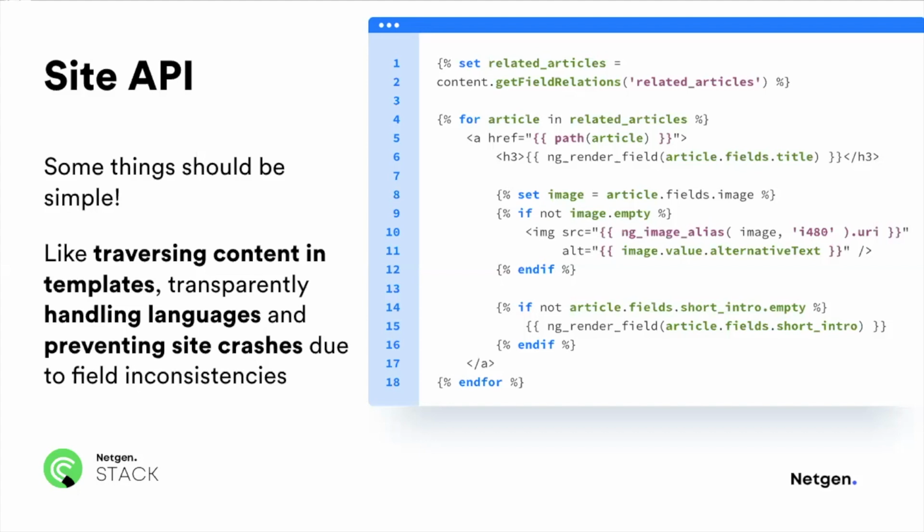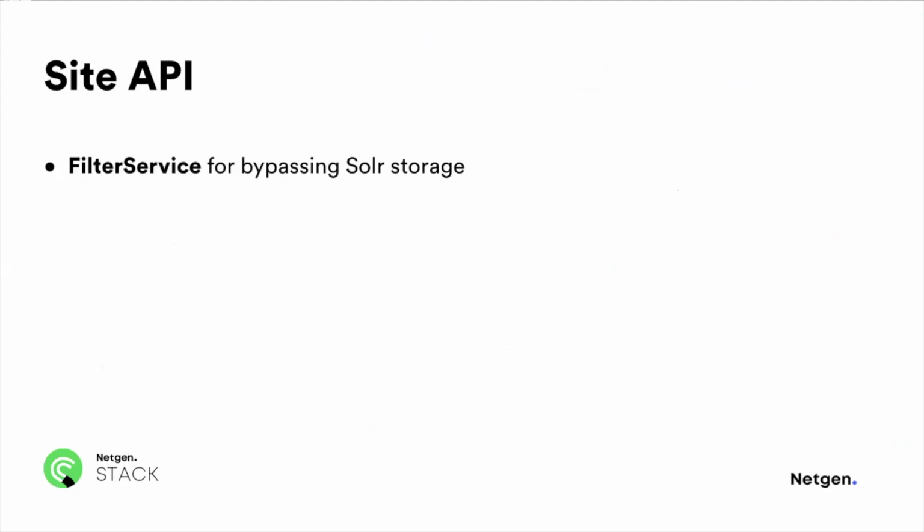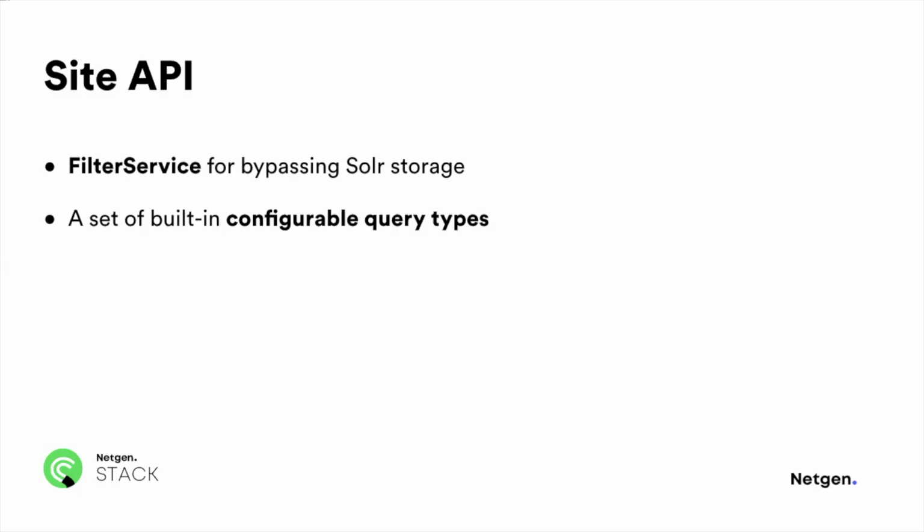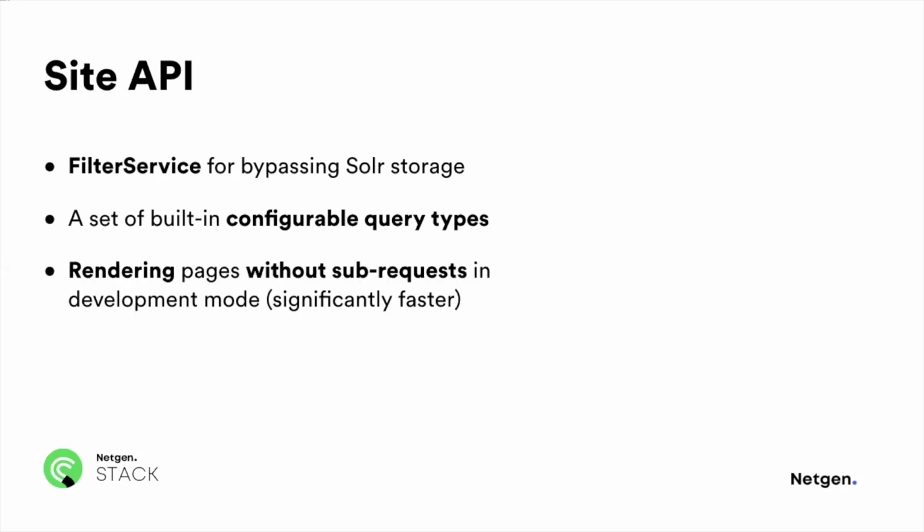So this is about simple traversing of content in templates, transparently handling languages, preventing site crashes due to field inconsistencies. Also having things like a filter service, which bypasses Solr storage, even if Solr storage is configured. And a lot of built-in configurable query types.